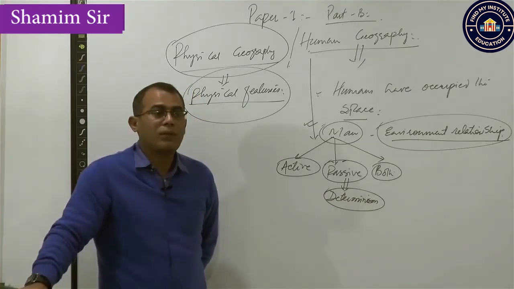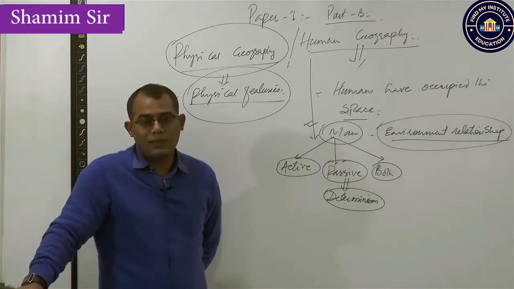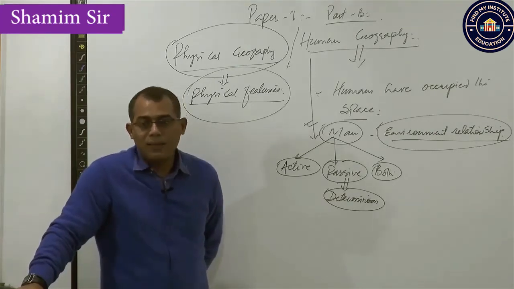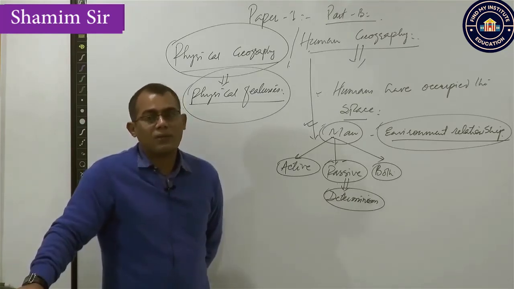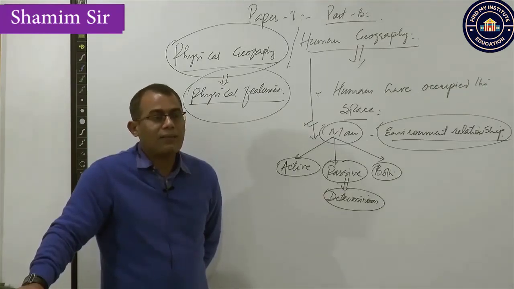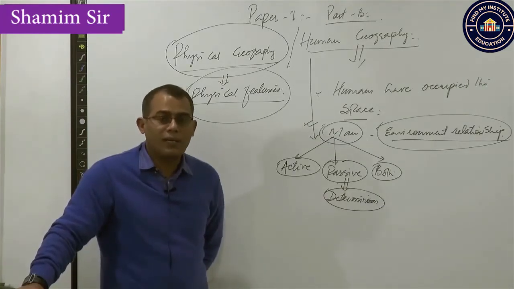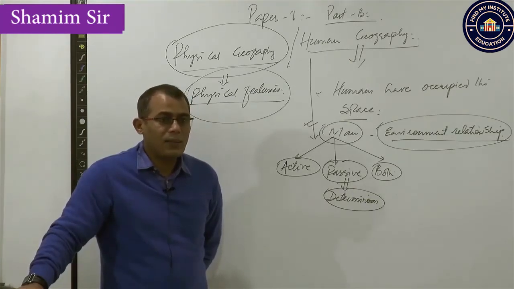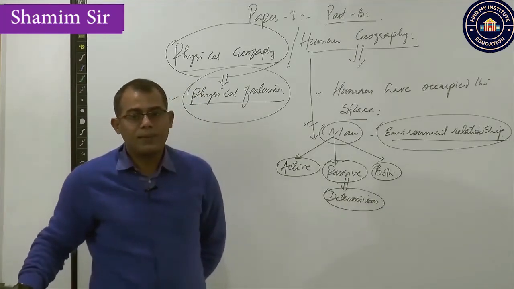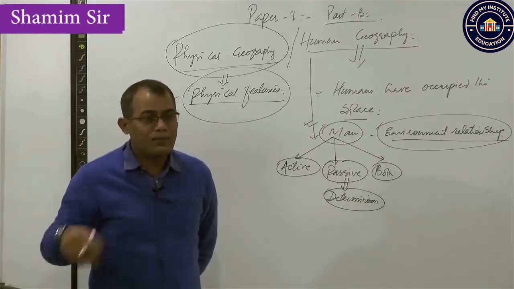For example, the people of ancient times, say the Indus Valley civilization or the Greek civilization, must have been in much harmony with nature, and nature would have been far more dominant as far as human activities are concerned. But if you see 20th or 21st century humans, they are far more active.